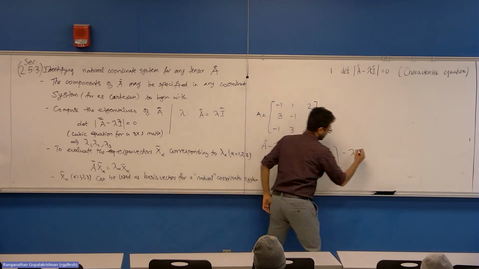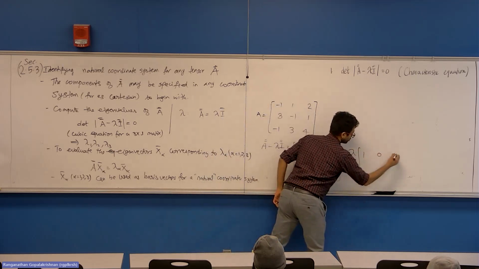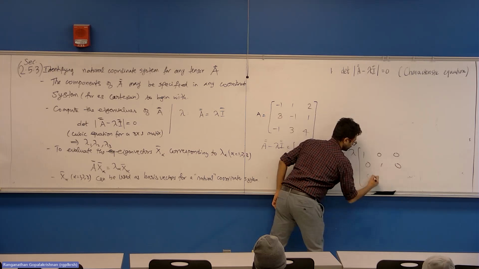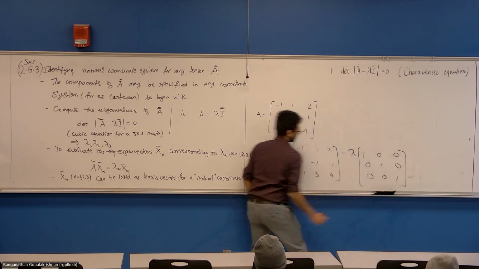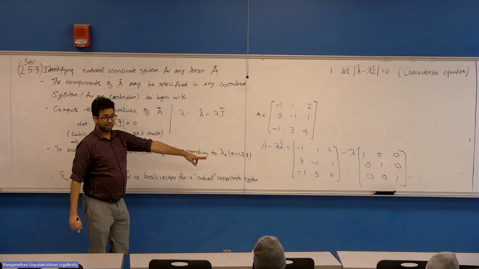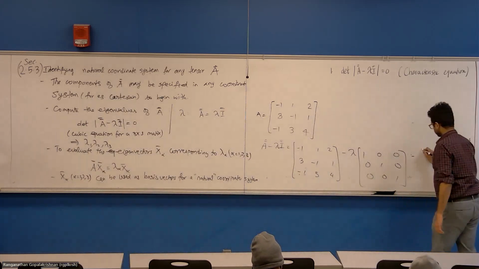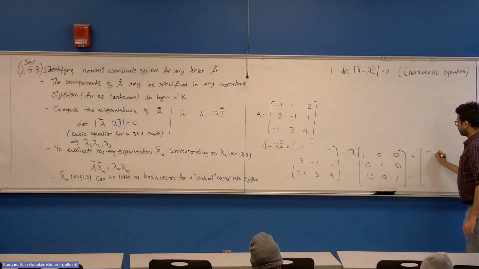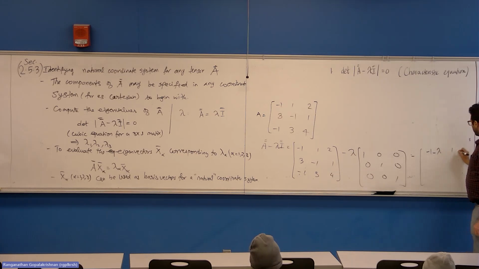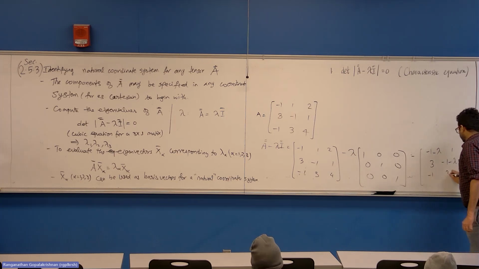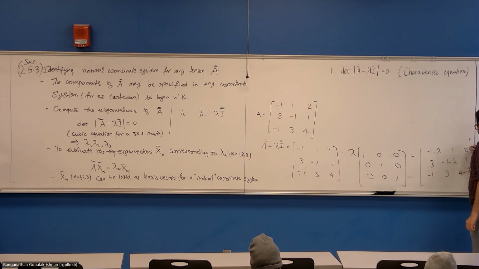I is the identity matrix 1, 0, 0, 0, 1, 0, 0, 0, 1. So this is A minus lambda I, which you can write as minus 1 minus lambda, 1, 2, 3, minus 1 minus lambda, 1, minus 1, 3, 4 minus lambda.